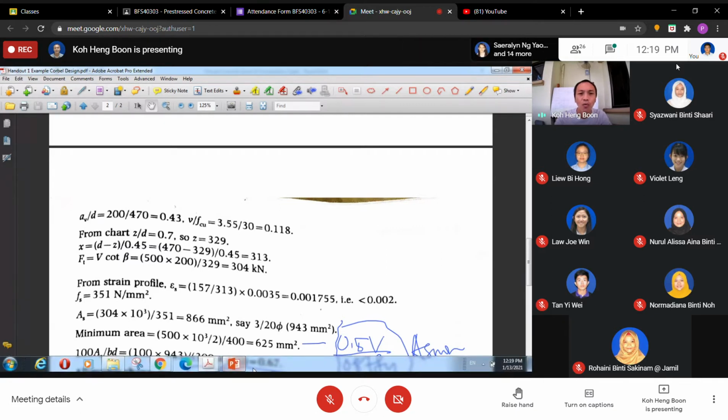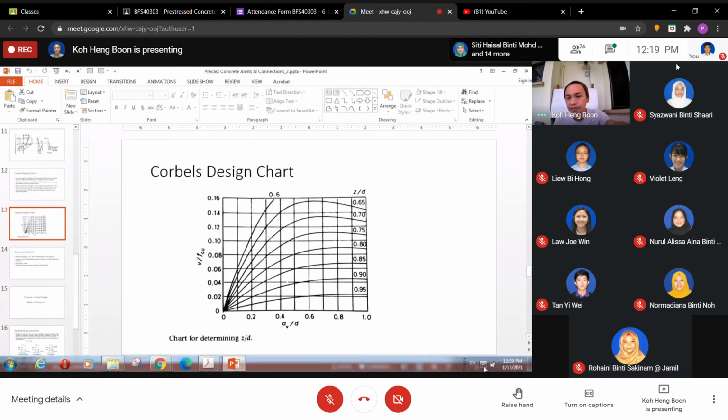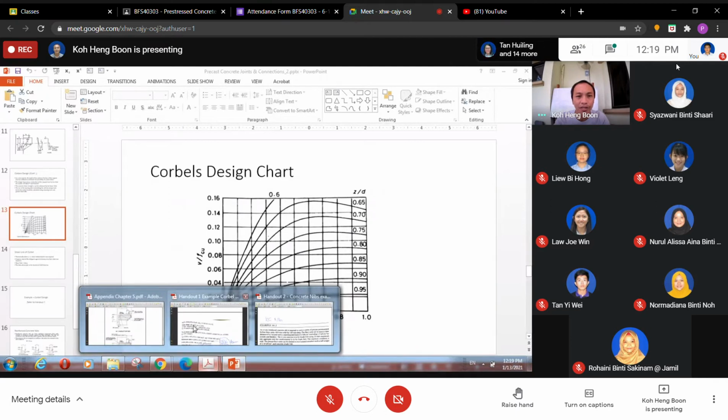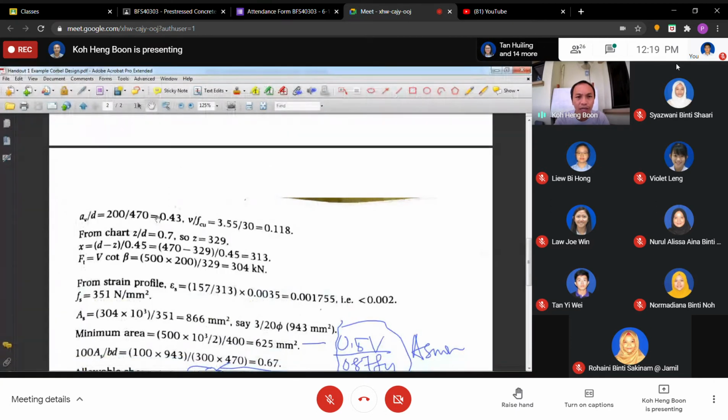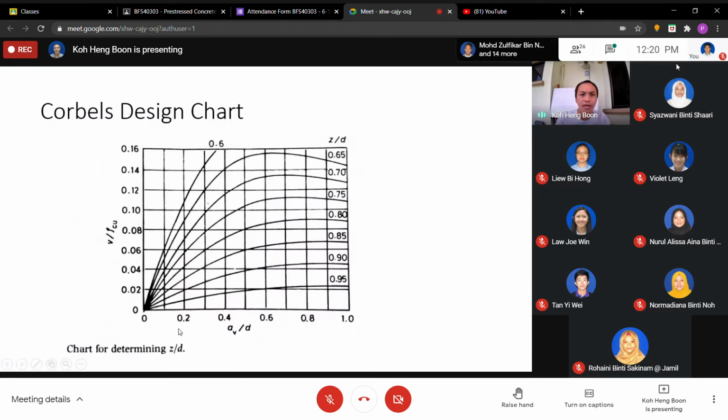Yes, these two values, 0.43 and 0.118. So what is the Z over D? We're going to get the Z over D here. 0.43 is somewhere here, you draw a line here, and 0.118 is somewhere here.